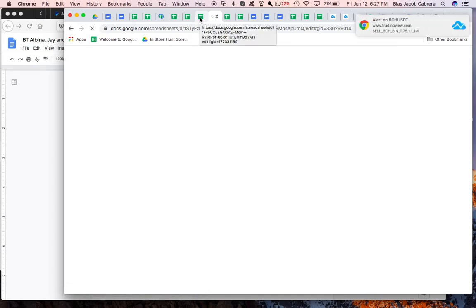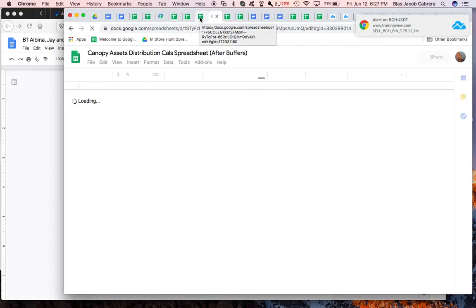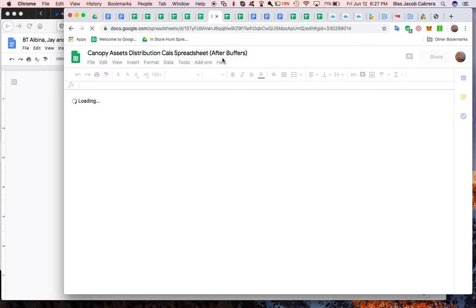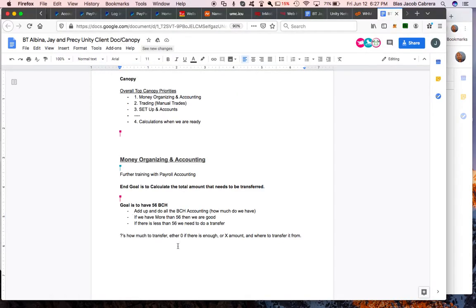Okay, so let me look for the accounting spreadsheet. Canopy Assets Distribution Calc spreadsheet after buffers. So this might be it. So step 0 would be to have a link to the Canopy Assets Distribution spreadsheet.